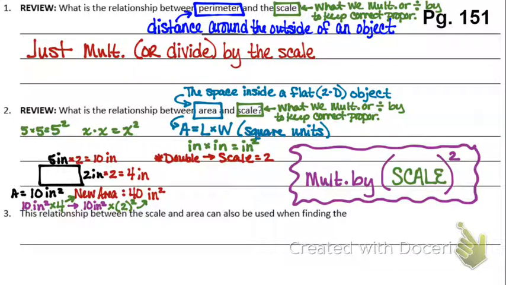So I did it 2 times. So this 2 right here is the number of dimensions that changed. In this case, it was length and width, right?